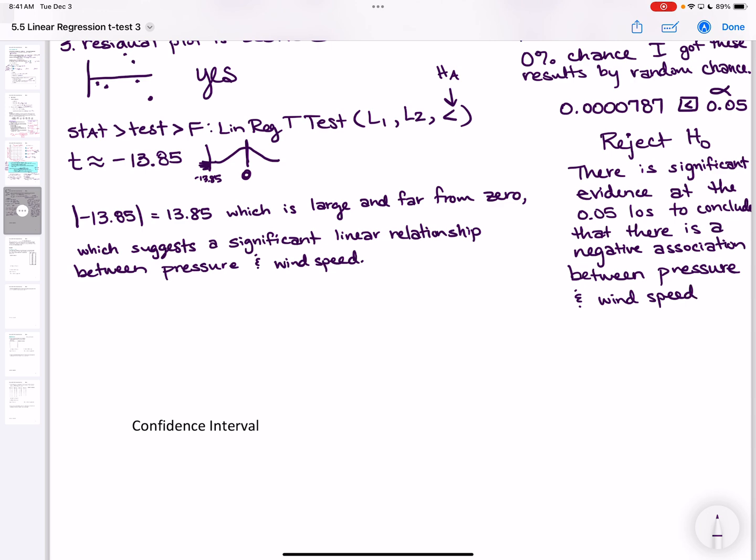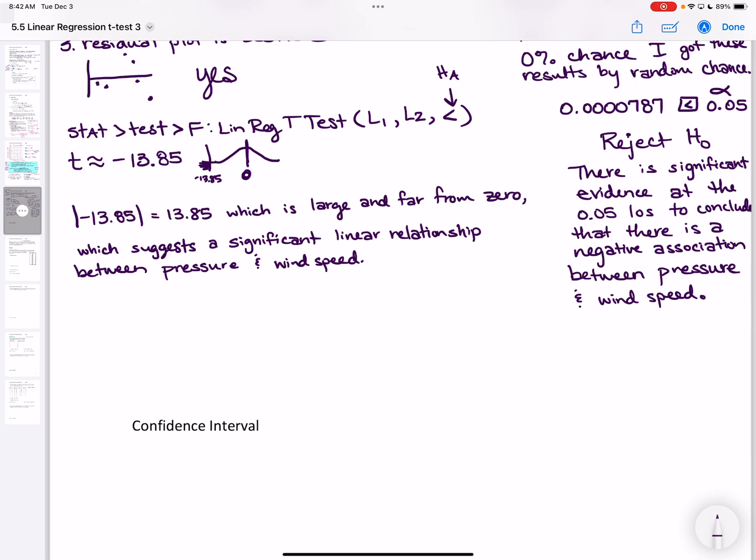So what does that mean? That as the wind speed goes up, the pressure goes down. I always think of the x's first. Let's write this out, since this is the part that helps people in the audience. If you say there's a negative association, they're sitting there like, okay, which means what, right?